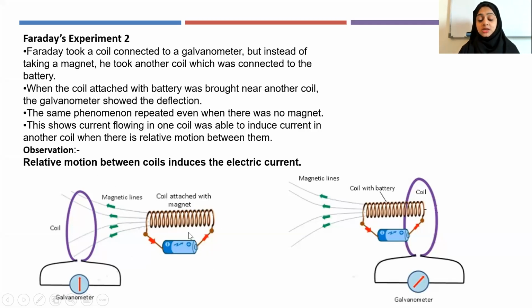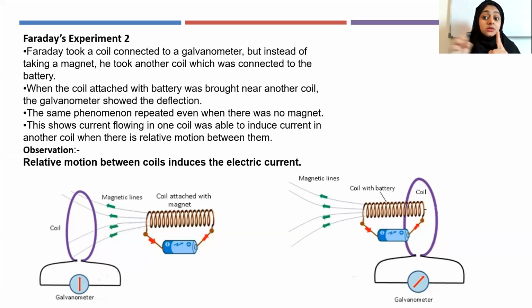Relative motion means if both the coils of wire are moving together with the same velocity in the same direction, there is no deflection of the galvanometer, which means in the first coil, current is not induced. But if one is kept stationary and the other is moved, then it will induce current in the first coil.